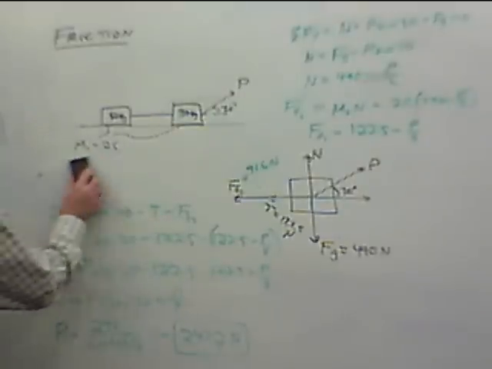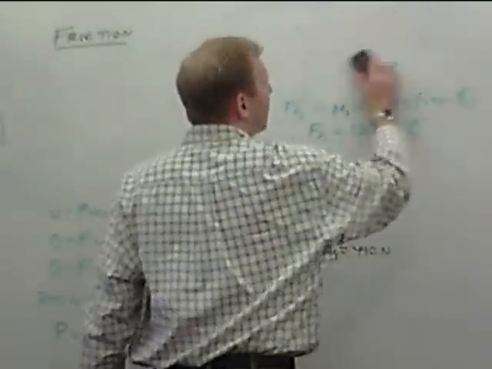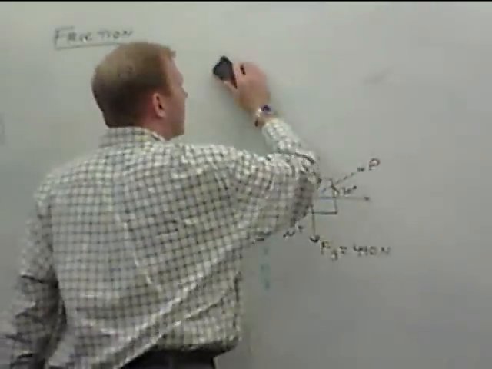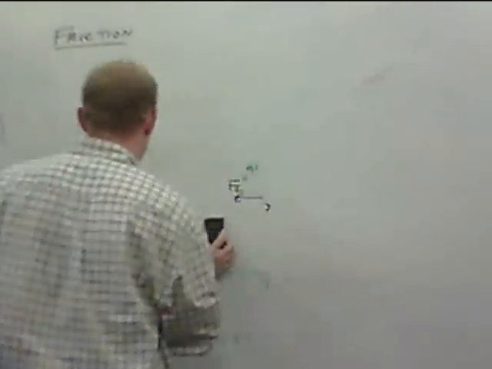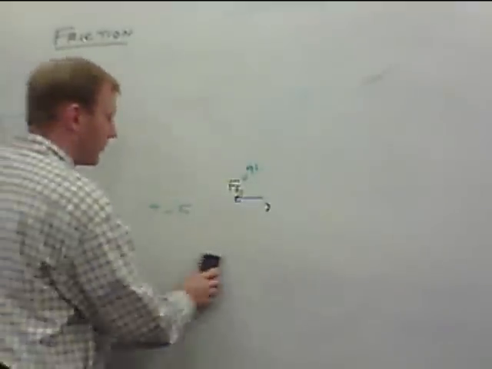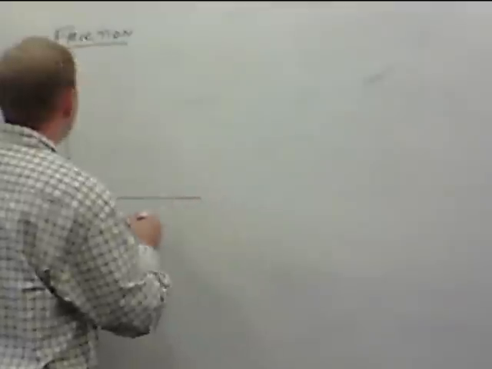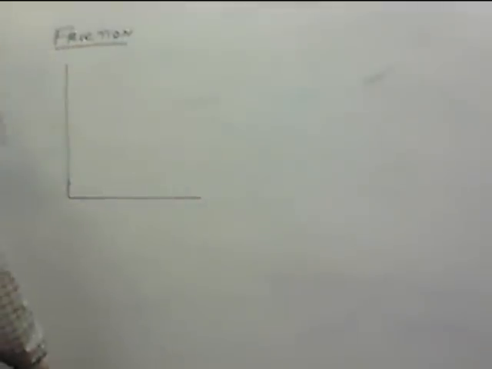Okay, we will take a look at another sort of classic problem, which is a ladder problem. So in a ladder problem, take a simple case. We've got a ground and a wall.